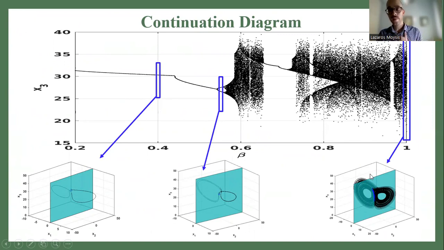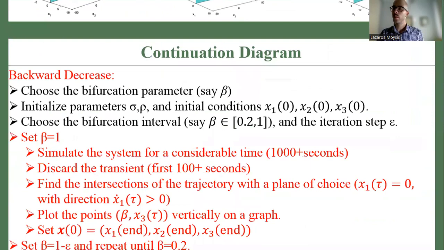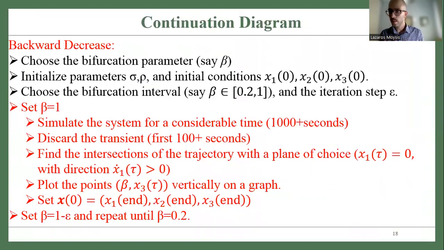So now, how can I find coexisting attractors and depict them in the graph? I will do so by overlapping another diagram above this one. This diagram is the exact same one, where I reinitialize in each iteration, but I move in a backward fashion.